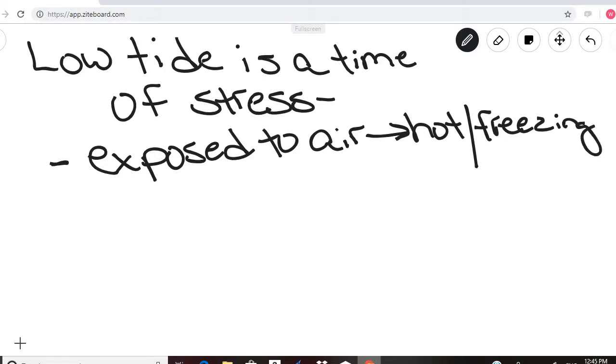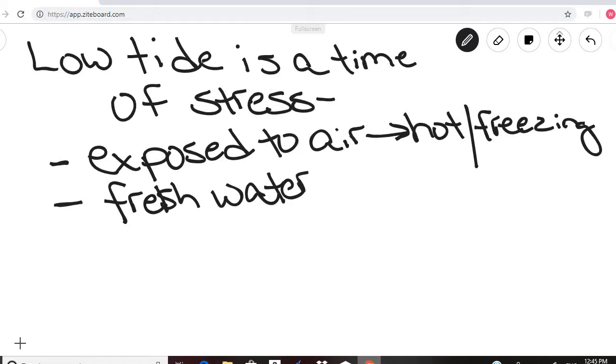So they have to deal with a wide range of temperature variation. Secondly, they might be exposed to fresh water due to rain. So remember, these organisms are living in a saltwater environment, and yet during low tide, if it's raining, they're going to get exposed to fresh water, and they're going to have to deal with that.